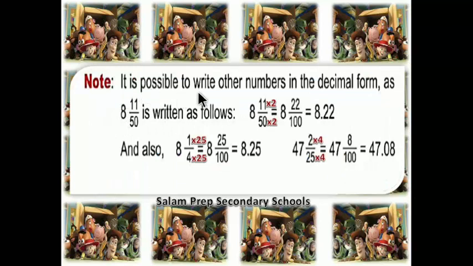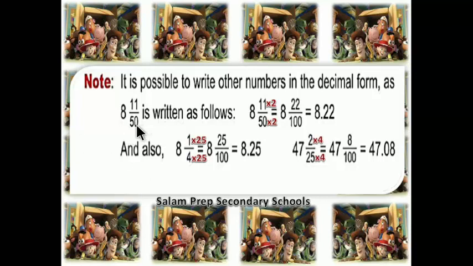It's possible to write other numbers in decimal form. This is a mixed number, okay? 8 and 11 over 50. We can write this mixed number in decimal form, but take care, the denominator is 50. To write this mixed number in decimal form, we need the denominator to be 10 or 100, okay?